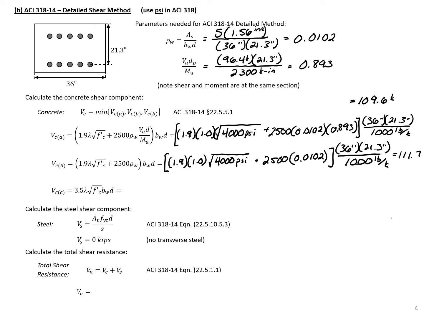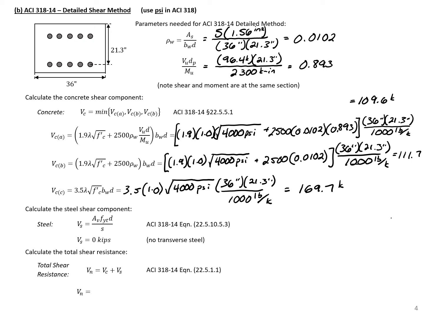And then finally, our VCC equation is 3.5 times 1.0 for normal weight concrete times the square root of 4,000 psi times 36 times 21.3 divided by 1,000 pounds per kip, which will give us a VCC here of 169.7 kips.